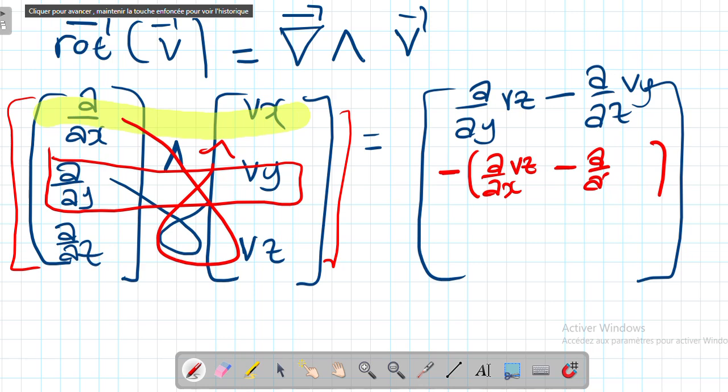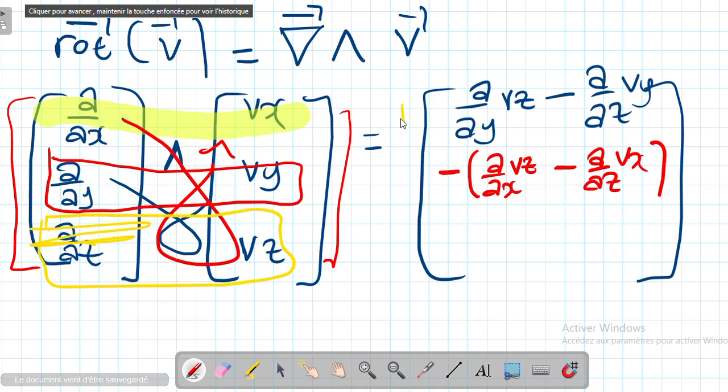I'm explaining to you in a way that you understand, because the books will just give you this, they won't tell you how they got it. So now I'm teaching you how you can remember. This is just how I remember. I cancel out the last part. Don't forget the negative: it's plus, negative, plus. Then you will remain with this.